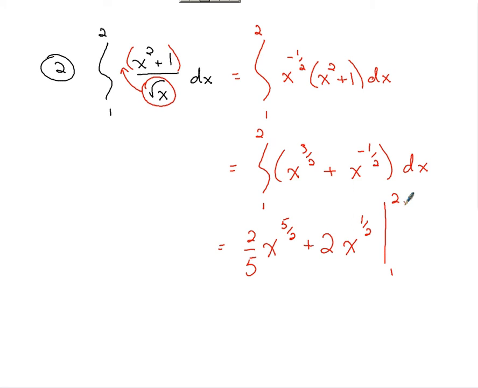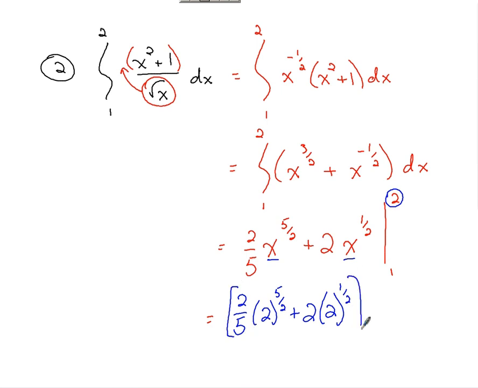And now we're ready to apply the theorem, which states I can just take this 2 right here, place those x's, that's what I get when I plug in 2 to that antiderivative.